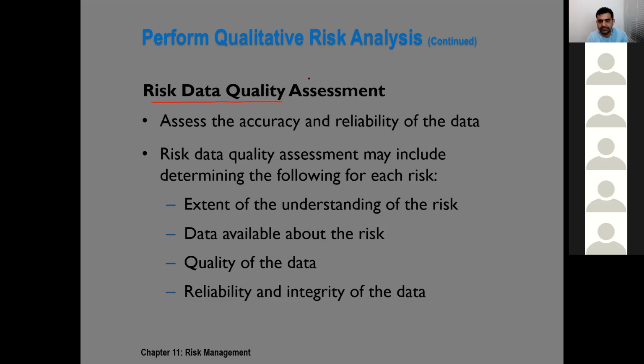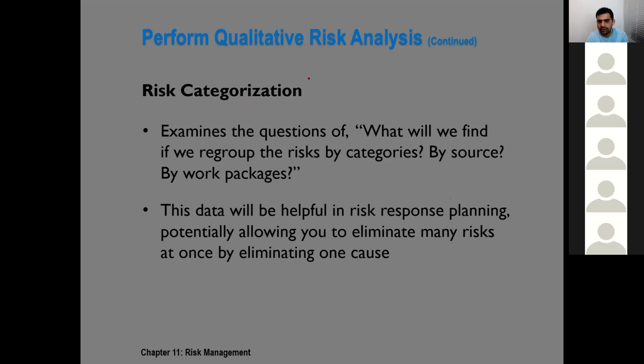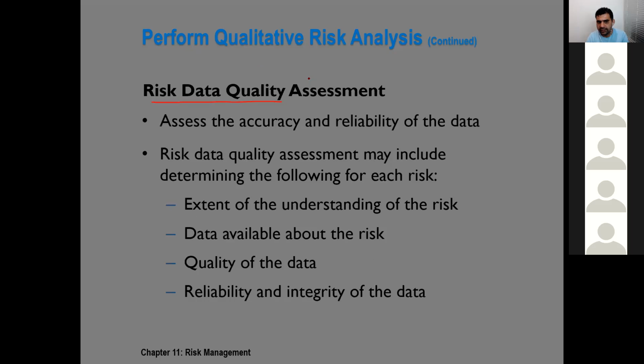Any question about this? Does it represent a different line or column? Risk data quality assessment? Do you rate it for how accurate you think it is, or do you just take that into account when you're assessing? Yeah, we take it into account. We don't put it in the risk register.